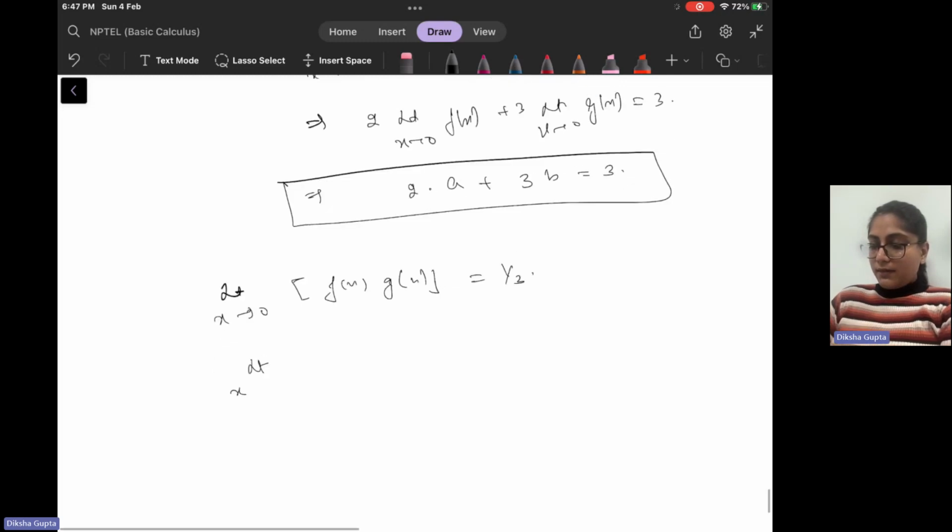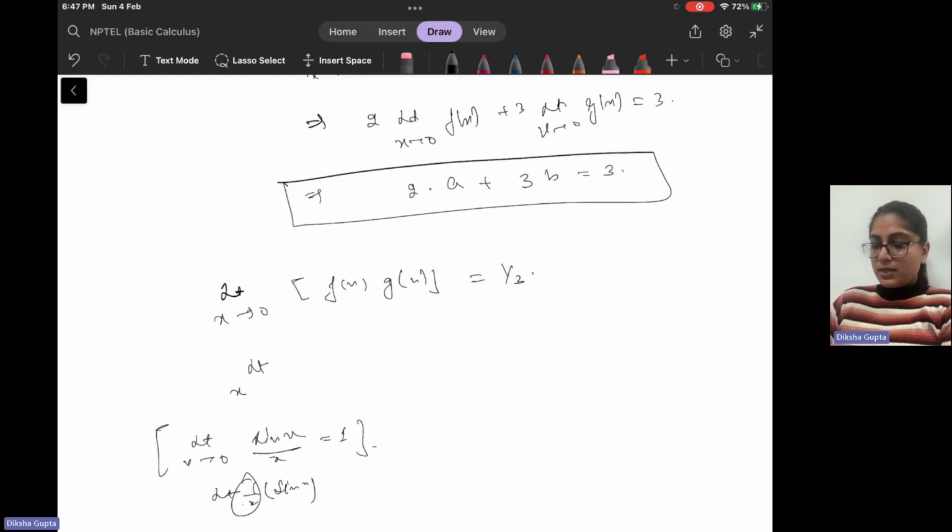For example, limit of x tending to 0 sin x by x is 1, but 1 by x and sin x: this is infinity and this is 0. So individually they are not both finite, so you cannot simply separate it because not both the limits exist, but still the limit of the product exists. So be careful with this step.